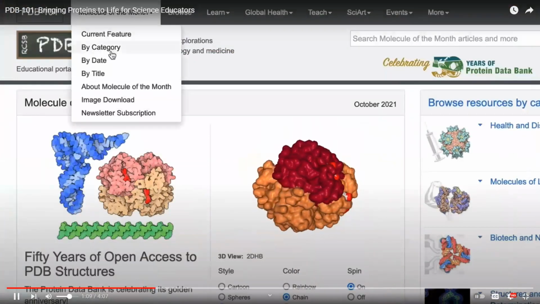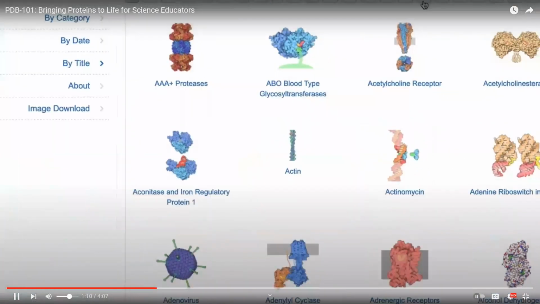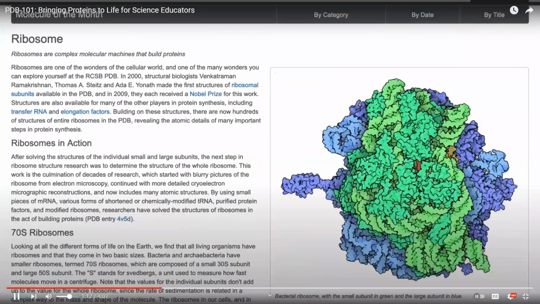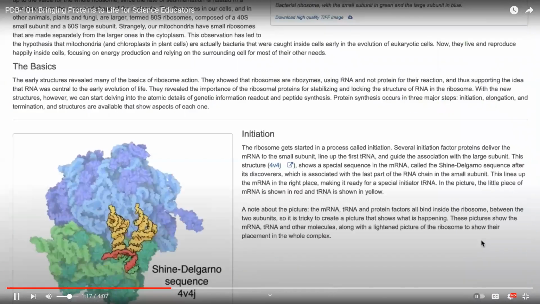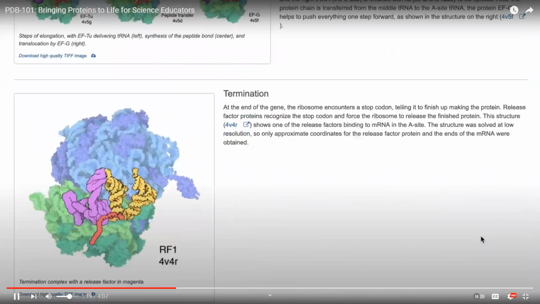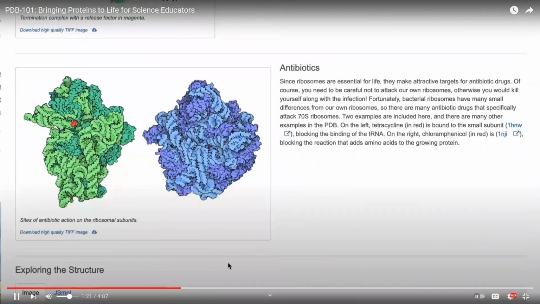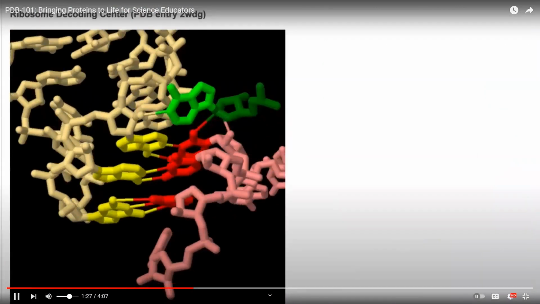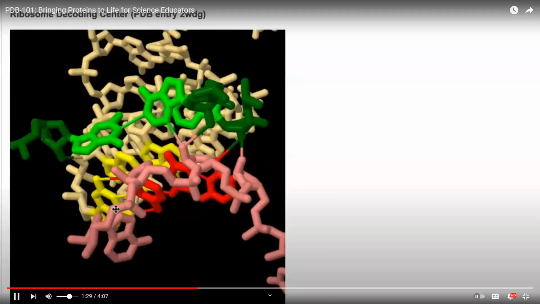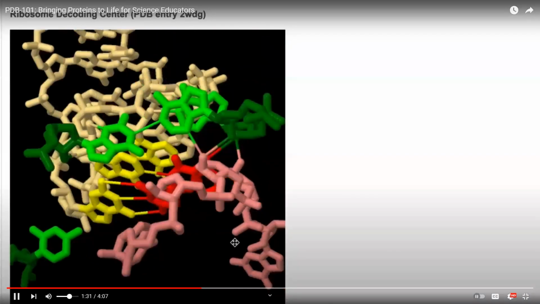One of the key resources on PDB101 is Molecule of the Month. Each column focuses on one structure from the PDB archive and includes an introduction to the structure and function of the molecule, a discussion of the molecule's relevance to human health and welfare, and an interactive viewer enabling exploration of relevant molecular features in 3D.